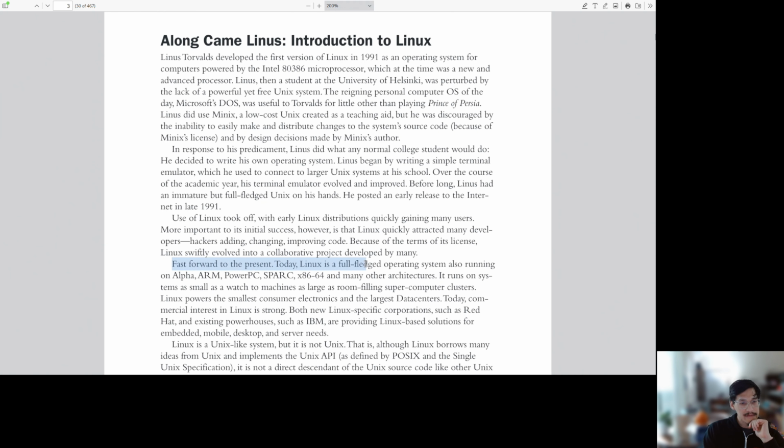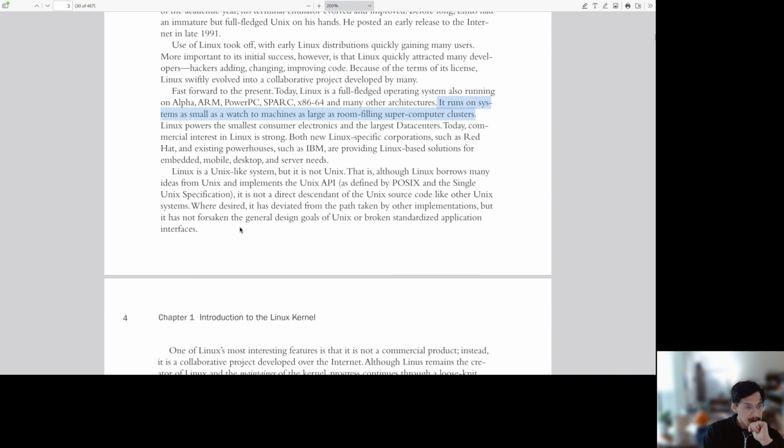Today, Linux is a full-fledged operating system, also running on Alpha, ARM, PowerPC, Spark, x86-64, and many other architectures. It runs on systems as small as a watch to machines as large as room-filling supercomputer clusters.